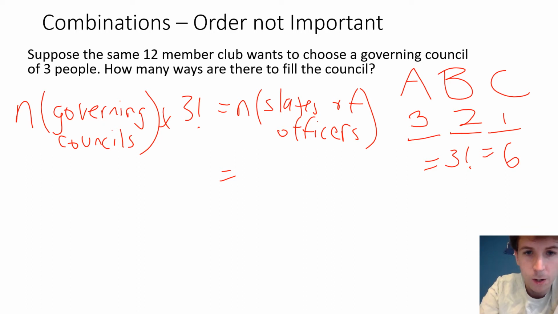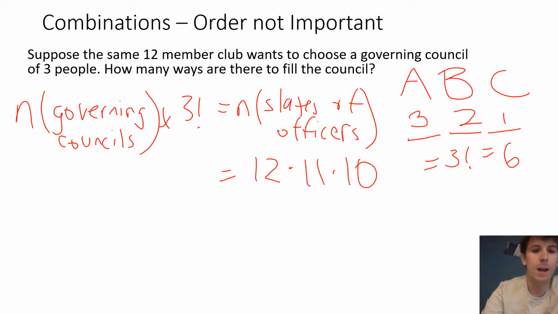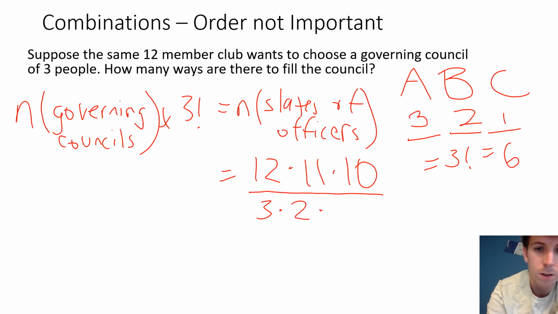So we know how to figure out this first part on the right. That's just 12 times 11 times 10. And to get the total number of governing councils, I'm just going to divide that by 3 factorial, 3 times 2 times 1, and that'll get me the total number of governing councils.